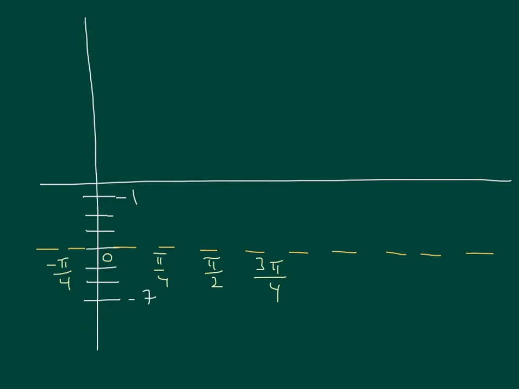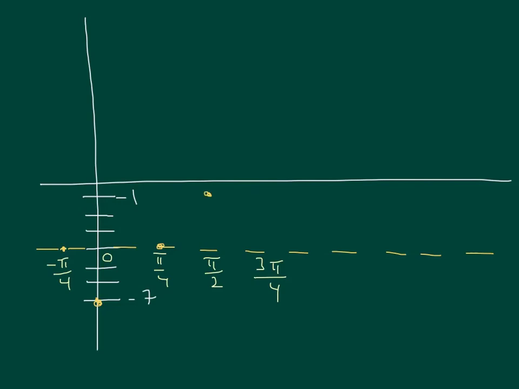Alright, now we're ready to plot the points. At negative pi over 4, I'm on the horizontal axis. Put a dot there. At 0, I'm at my minimum. At pi over 4, I'm on the horizontal axis again. At pi over 2, I'm at my maximum.